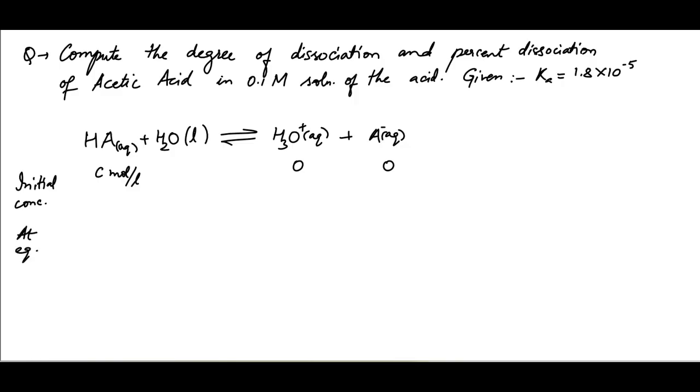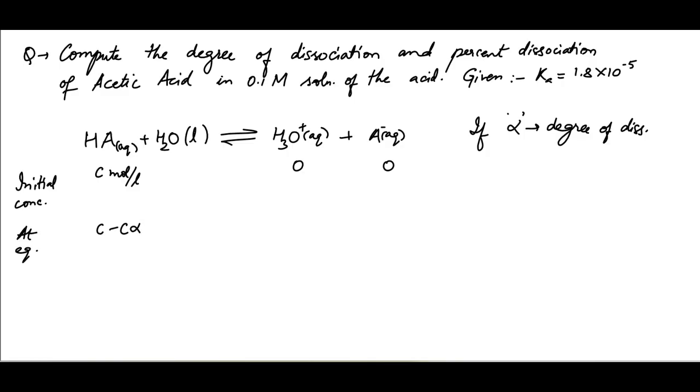if alpha is the degree of dissociation, here it is mentioned as Ka the ionization constant, so alpha is the degree of dissociation, let's say. So alpha is a fraction, right? So C alpha has dissociated.